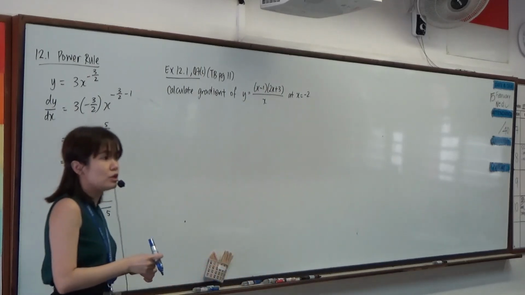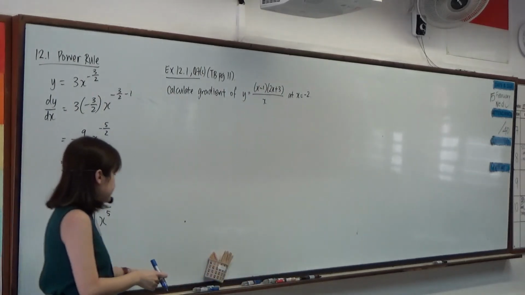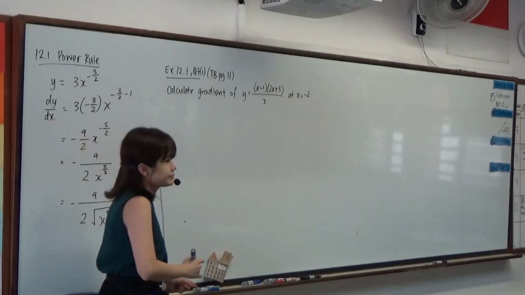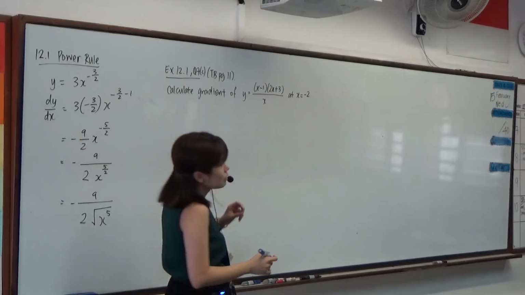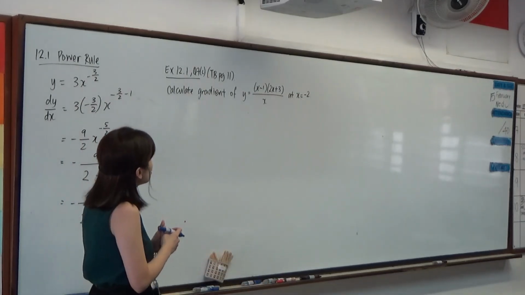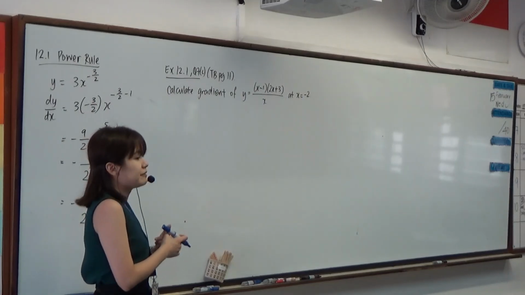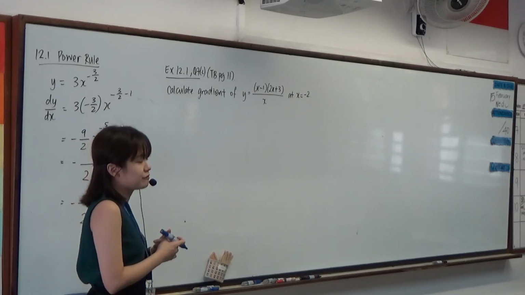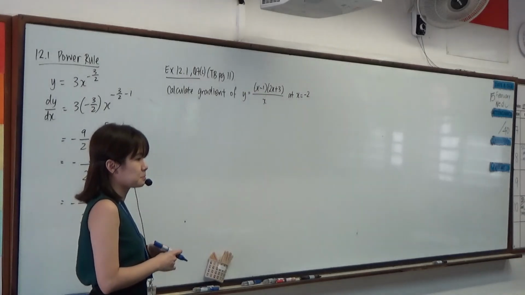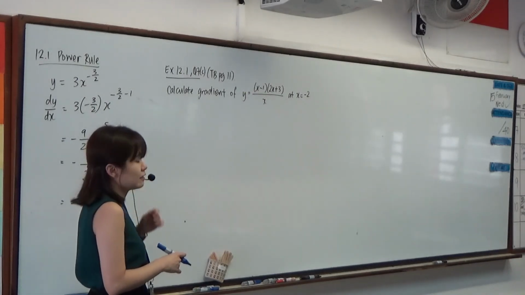What will your first step actually be, Hui Jia? We want to find the gradient, which means we need to find dy over dx. But before that, we need to prepare some work first in order to find the derivative.